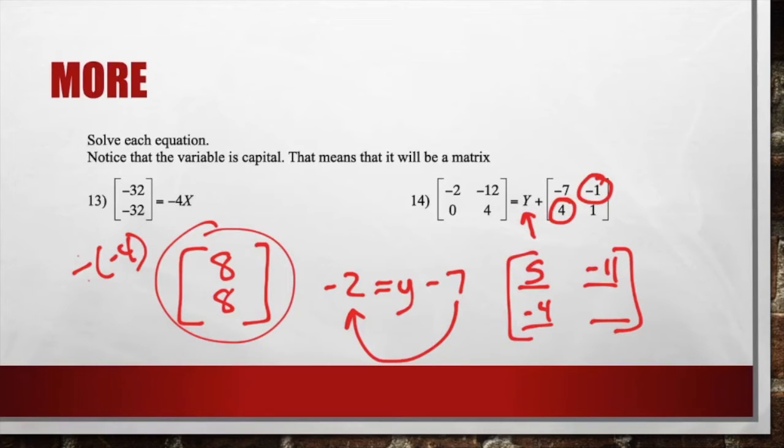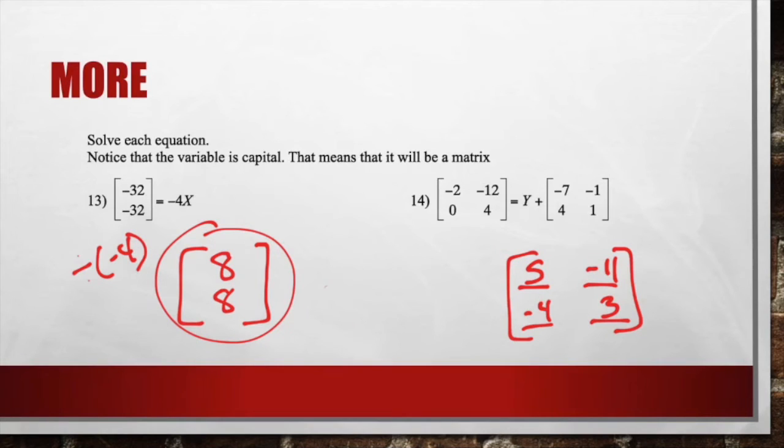And then we're going to subtract the 1 over here and get a 3. So the check could be, I'd ask myself, does this number right here, the 5, added to negative 7, does that truly give us that? Yes, it does. And we could check that for all of them.